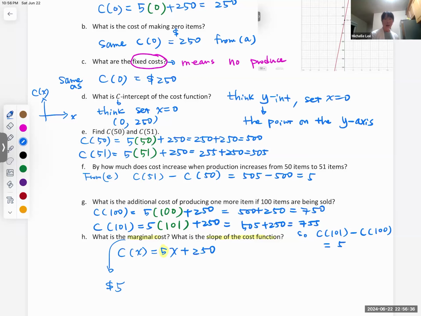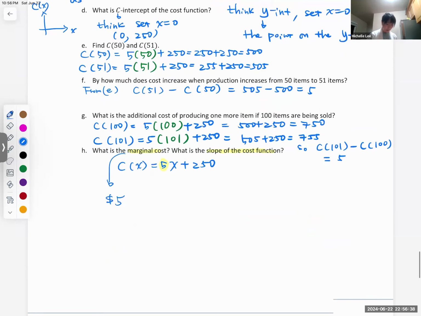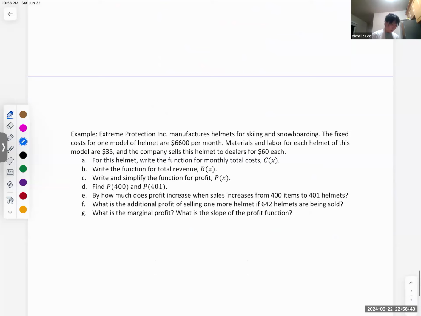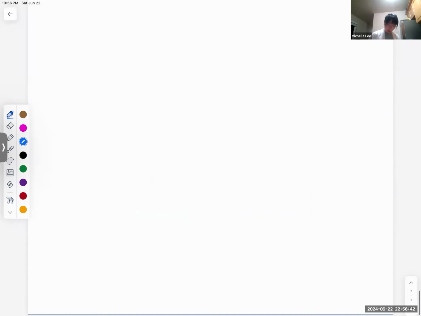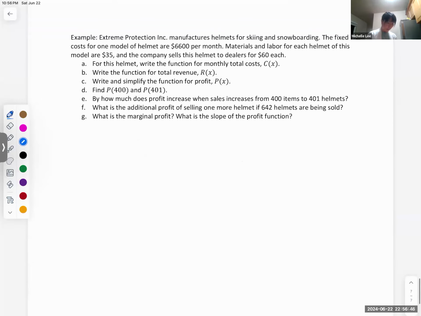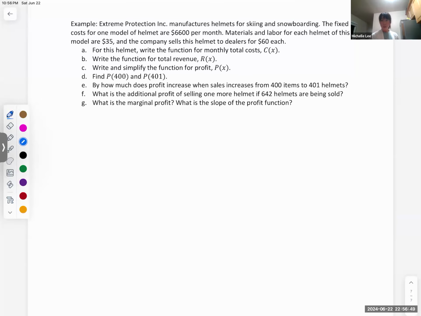All right, now next one. So this is the last question, so please be patient. So cost function, we had a variable cost plus the fixed cost earlier. We call it the total cost function.